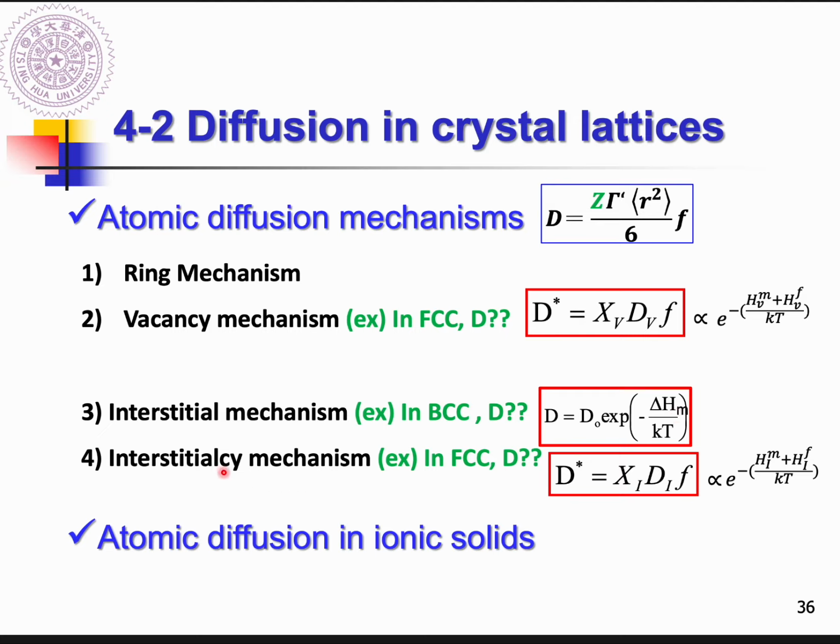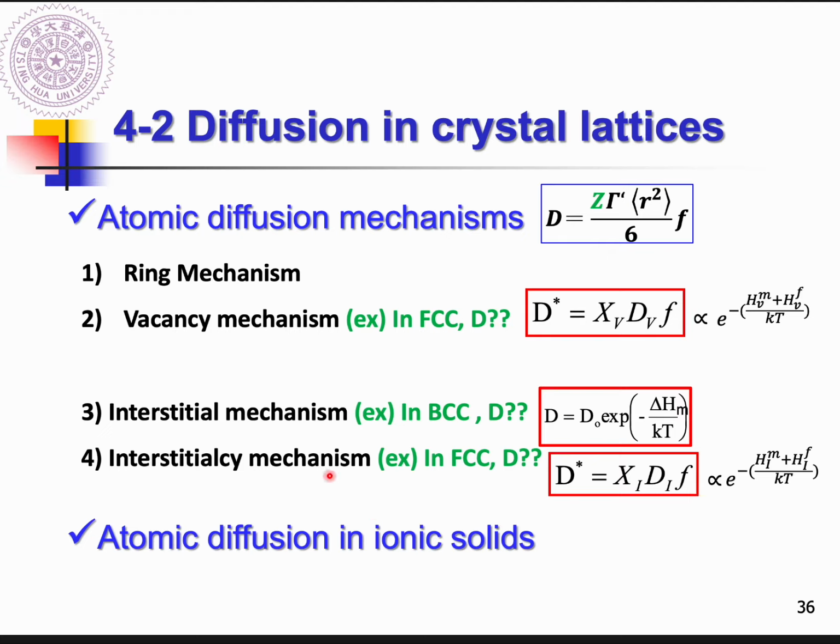And regarding the interstitialcy mechanism, the idea is a little bit similar to that in the vacancy mechanism, right? Because the self-diffusivity of the diffusing atom equals the fraction of interstitial defects, times the diffusivity of the interstitial defect, times the correlation factor.